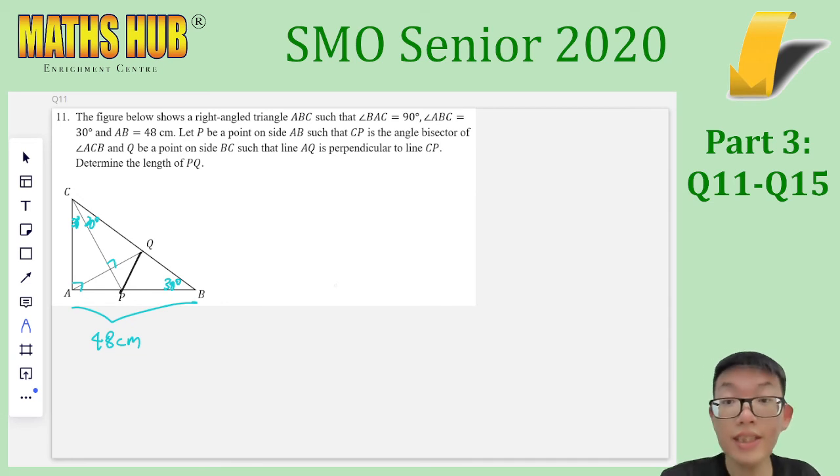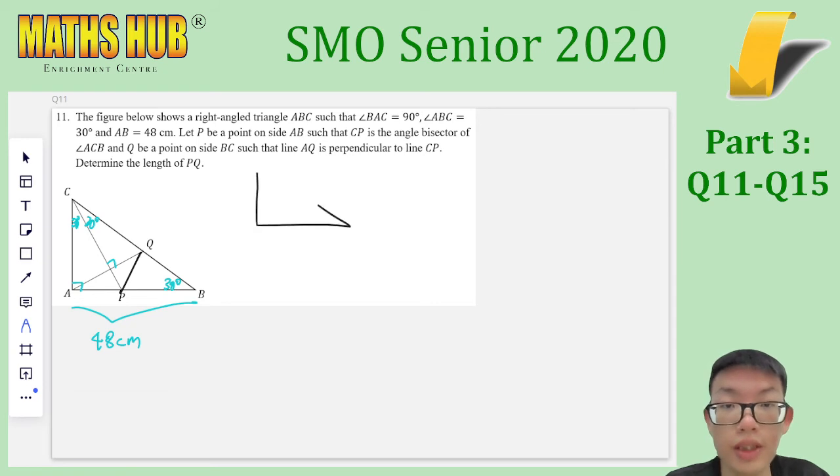Now, with all these 30-degree angles everywhere, we should immediately know that we can find most of the lengths that we want to find. And that's because of the ratios in such a triangle being 1 is to square root 3 is to 2 for a 30, 60, 90 triangle.